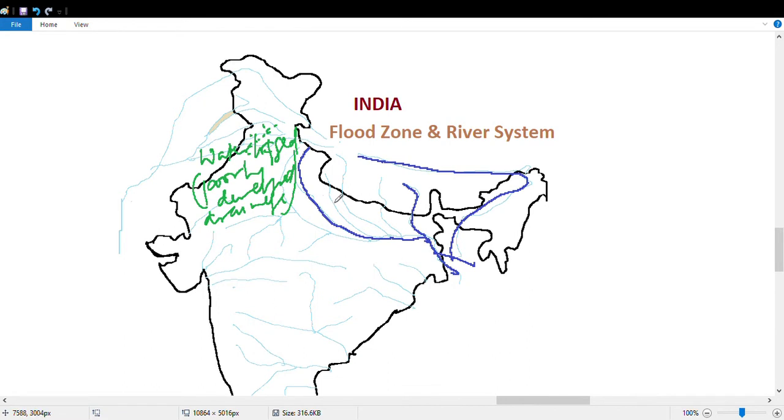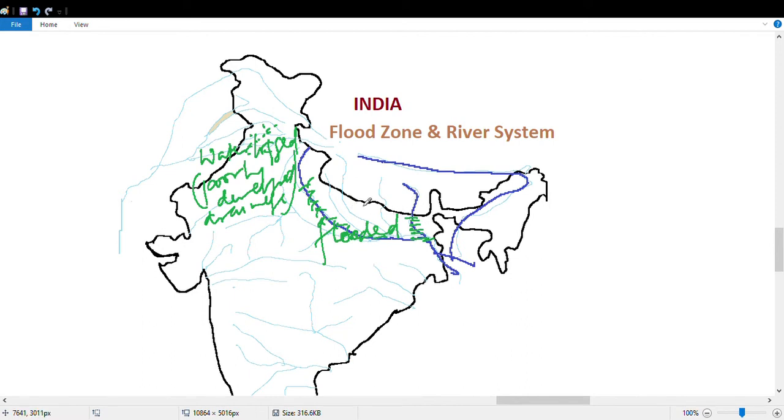Now coming to the other part, this is the part of UP and northern Bihar. This area is usually flooded, and why is it so? It is so because it has the Ganga as one of its main rivers, then Yamuna, Gomati, Ghagra, Gandak and Kosi.